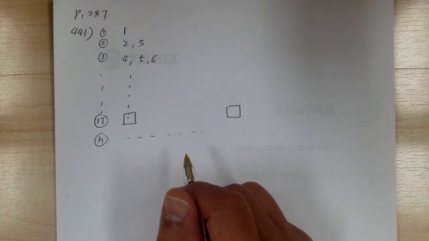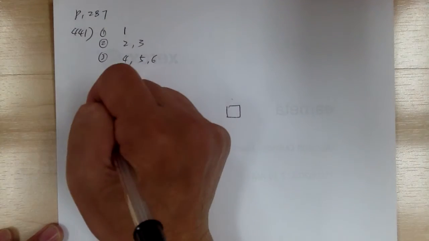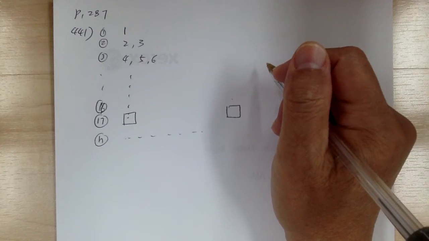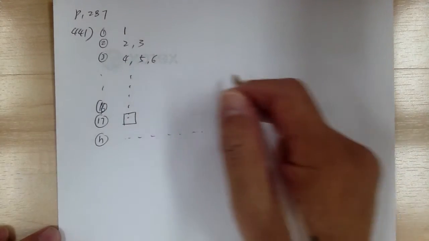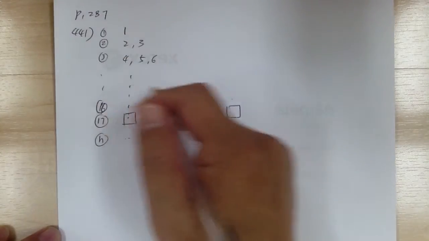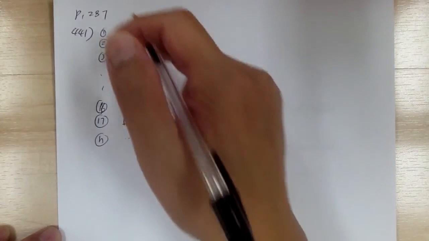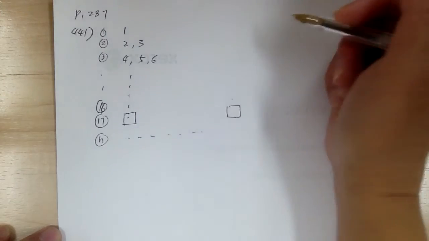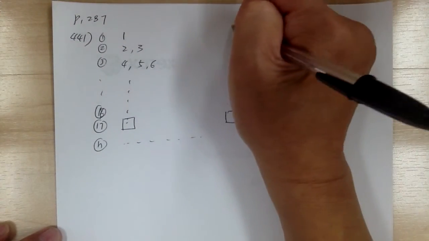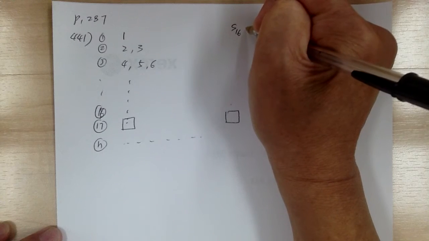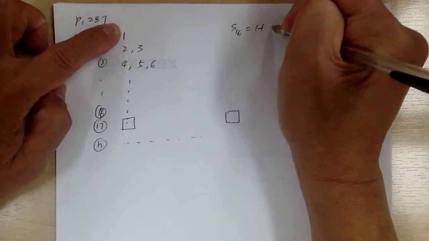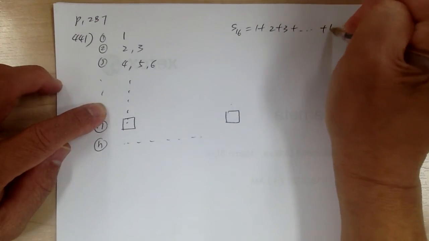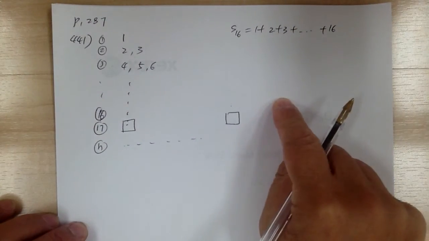So for line 16, this would be just the total number. So you're going to add 1 to 16 to find out where this number ends. So over here S16 is equal to 1 plus 2 plus 3 plus all the way to 16, because there will be 16 numbers over here.